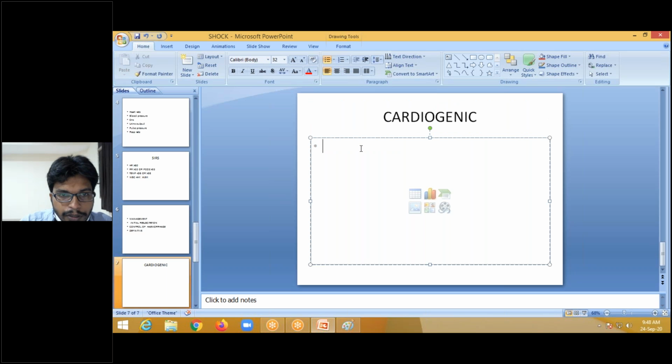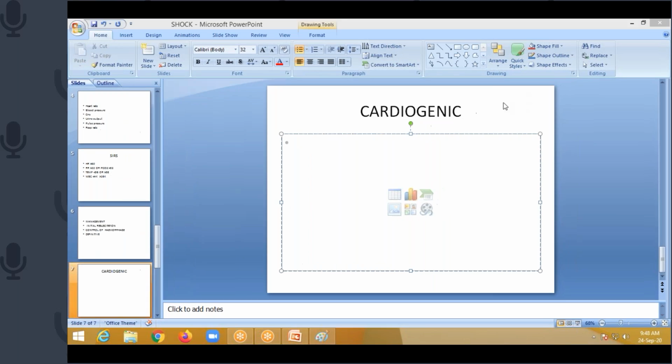It is one of the important causes of hospital-acquired mortality due to MI. Because of failure of resuscitation, this cardiogenic shock may occur.